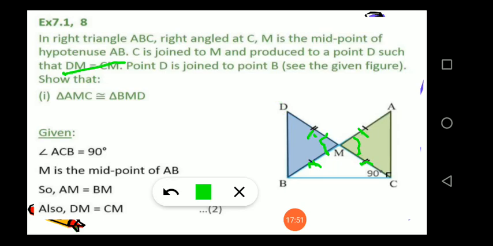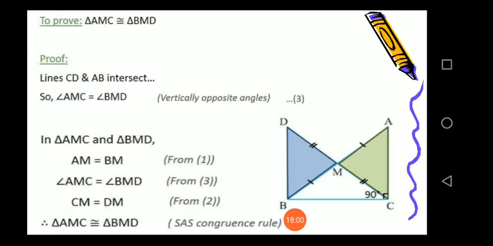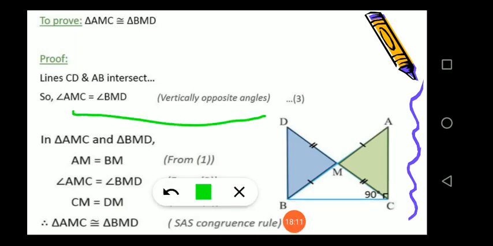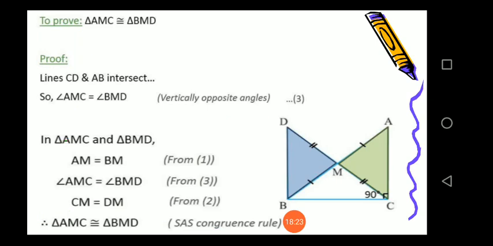First of all you will write given. Students, please don't forget to write given, then to prove, and after that only you have to write the proof. We know these two are vertically opposite angles, so they are equal, and then we have written all the required things, and by SAS congruence rule the triangles become congruent.